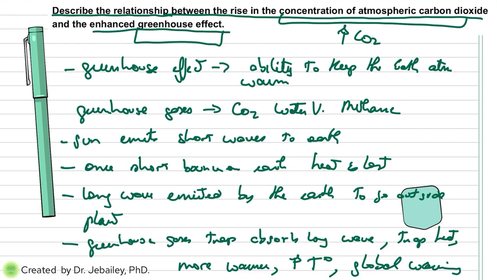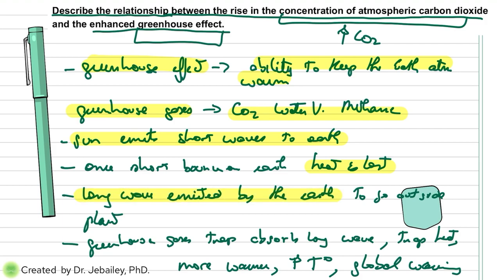So the first thing I have to always mention is the definition. What is the greenhouse effect? It's the ability to keep the earth warm. Next, always mention the gases: water vapor, CO2, methane. Then start with the process, talking about how the sun sends short wave and how eventually some of that short wave bounces and releases heat, and then it becomes a long wave which is emitted by the earth.